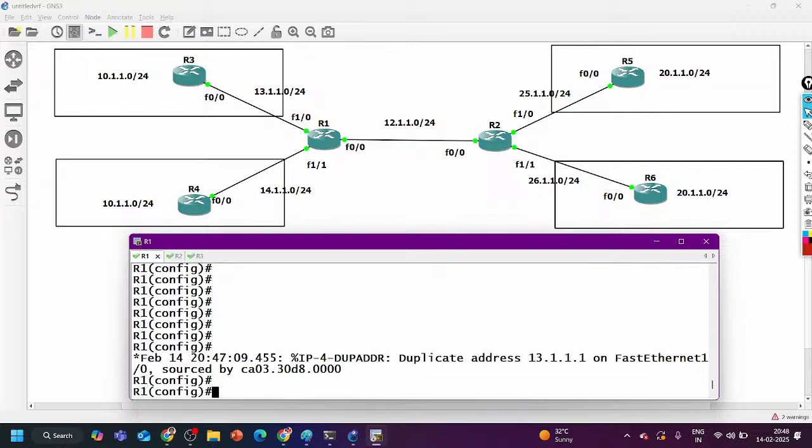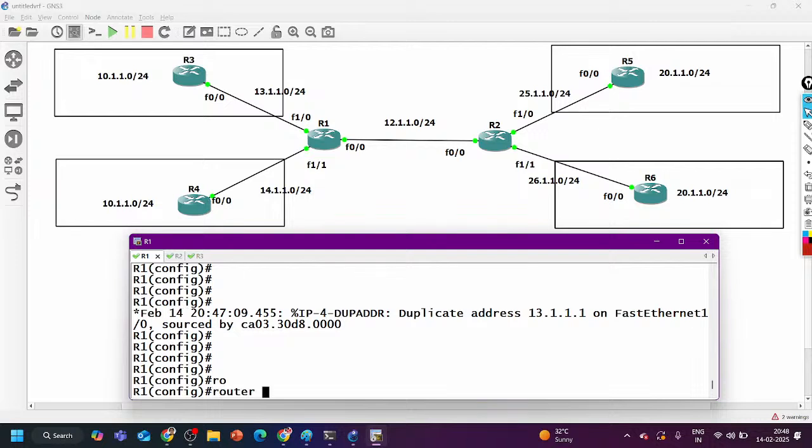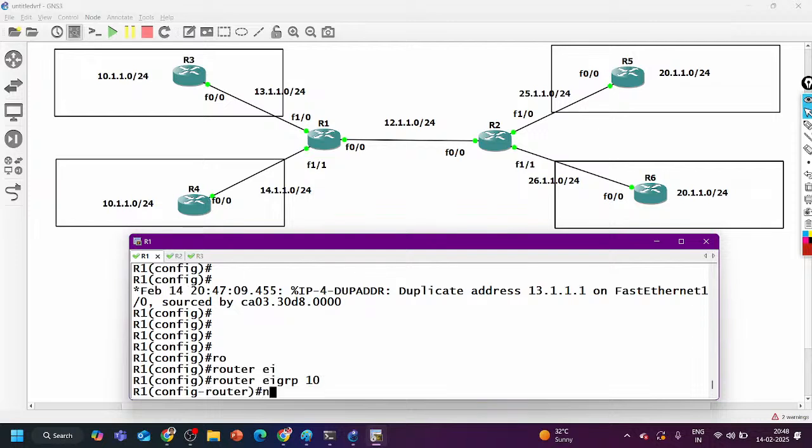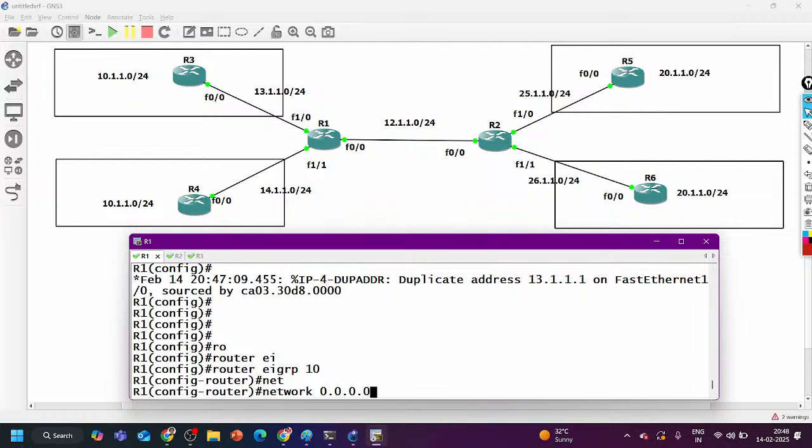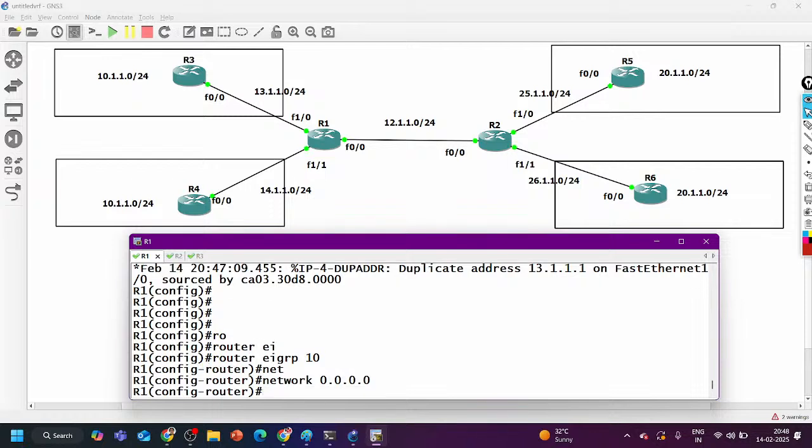Guys, on router number 1, if I enable EIGRP, router EIGRP number 10, and here also I use the network 0.0.0.0 command, what will happen? It will only enable EIGRP on F0/0, which is part of the global routing table.